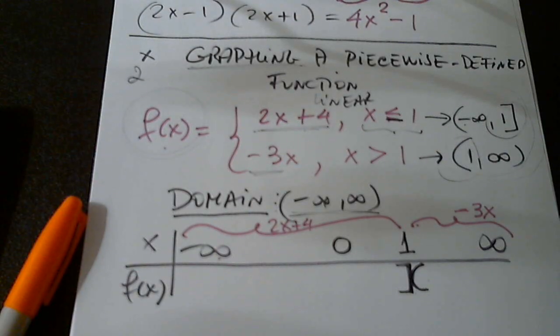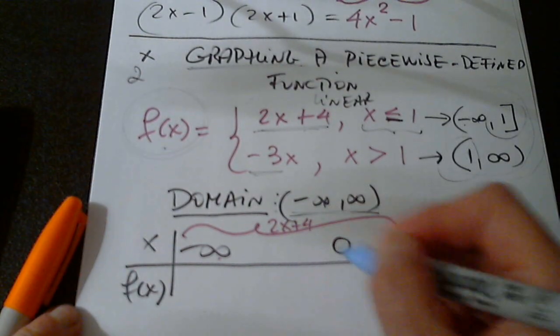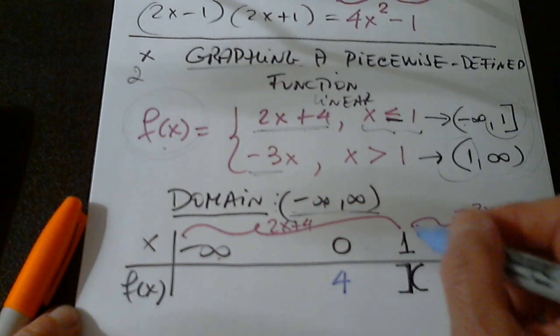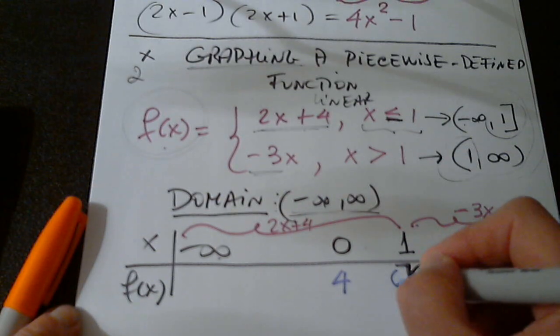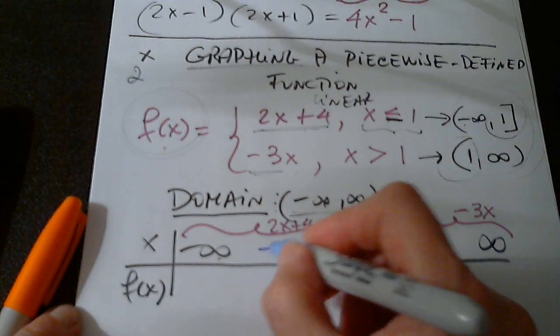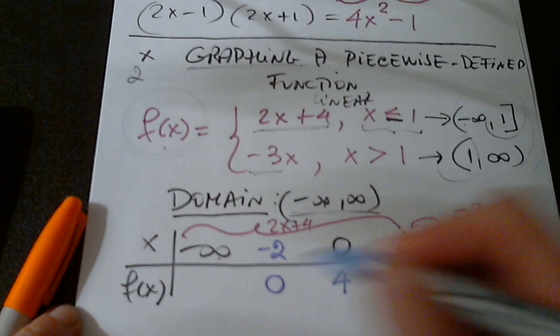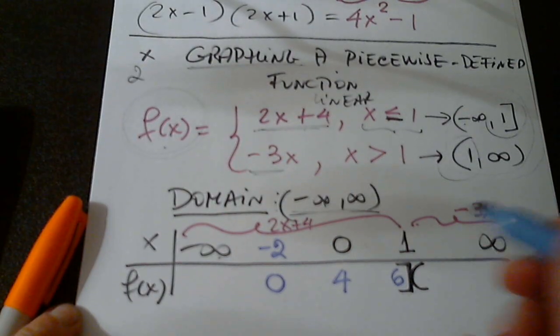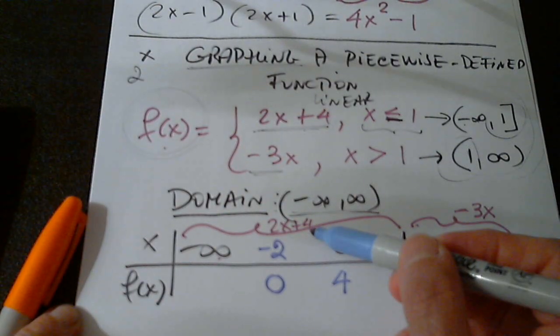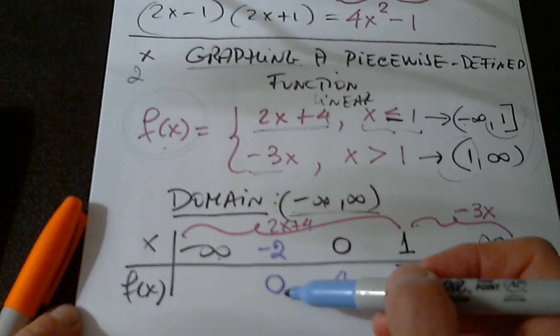For linear functions, how many points do we need to graph? 2. Exactly 2. Excellent. So I plug in 0 and I get 4. I plug in 1 and I get 6. If I plug in negative 2, because I want both x and y intercepts because they exist, negative 4 plus 4 is 0.